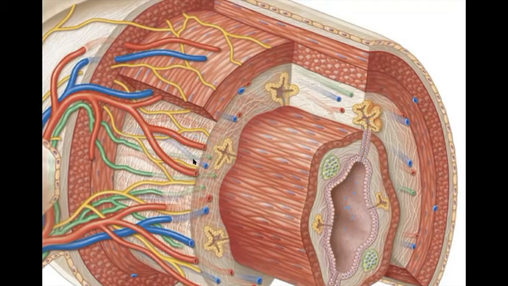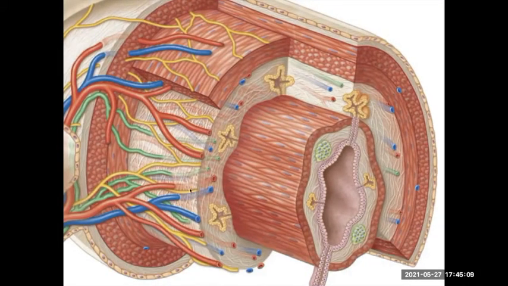Visceral, as opposed to what? What would I oppose visceral motor control to? Somatic. Somatic, which would be what kind of muscle? Voluntary, stuff you could control voluntarily. What kind of muscle tissue would be opposed to smooth or cardiac? Skeletal.